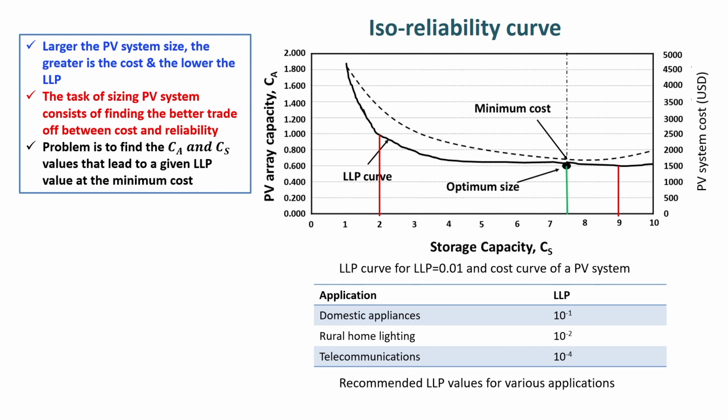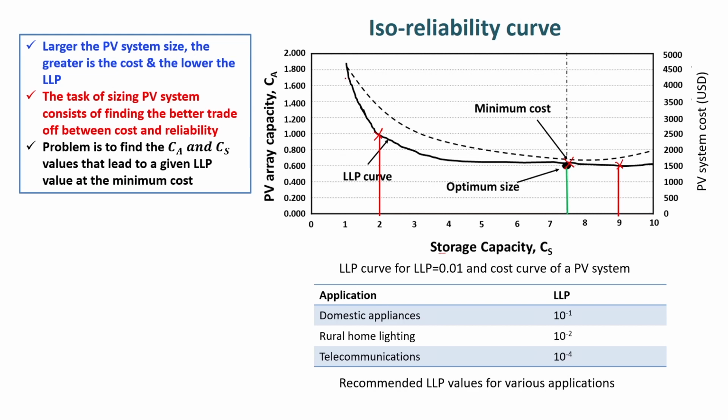This plot shows the relationship between PV array capacity, storage capacity and PV system cost. We have different conditions at different points, and this CA and CS plane represents the size of a PV plant.